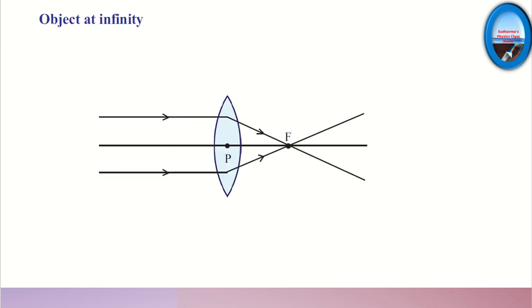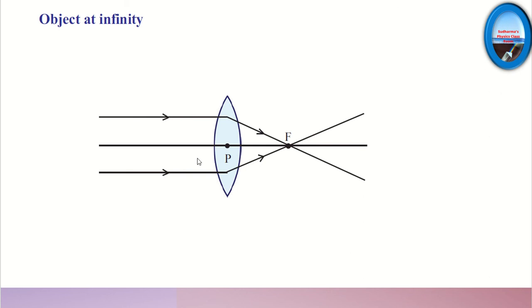Okay. So the first object position, those who practice the mirror ray diagrams, this is going to be really easy. First position, object at infinity. When the object is at infinity, what is going to happen? Even in mirrors, when we have taken the object at infinity, we have taken the parallel rays, right? Parallel rays to the principal axis. As per the rule, we know that these rays will be converging to a point, that is, converging to the focus, right?